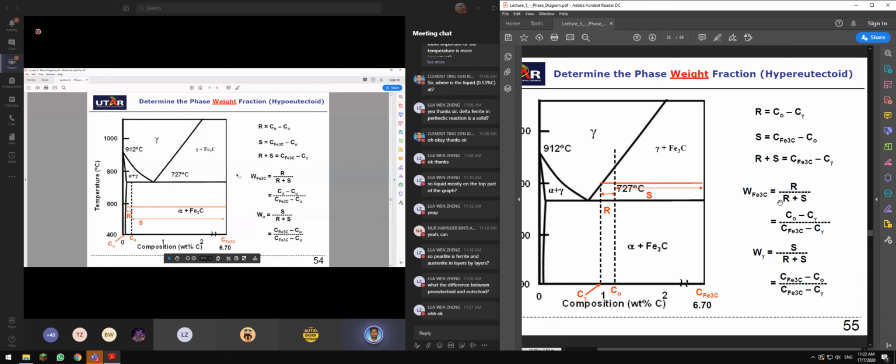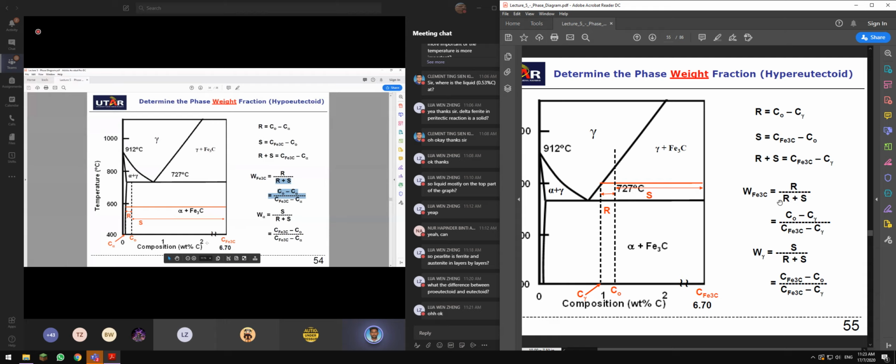Same, if you want to find the weight fraction of cementite, remember we have 6.7 here, R over S. To find the weight fraction of cementite, you take C0 minus C alpha, divided by the whole thing, C cementite minus C alpha.